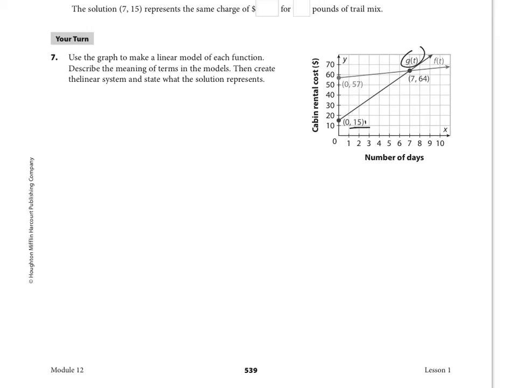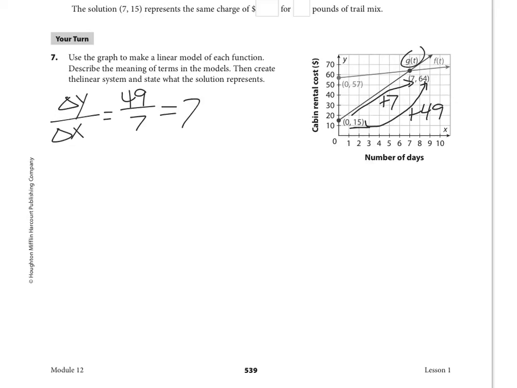To get my slope, I count. What did I do there? I went up 49. What did I do here? I went up 7. So changing y over changing x would be 49 over 7, which is 7. So for g of t, it would be 7t, I got to use t here, plus 15 because that was my starting point.